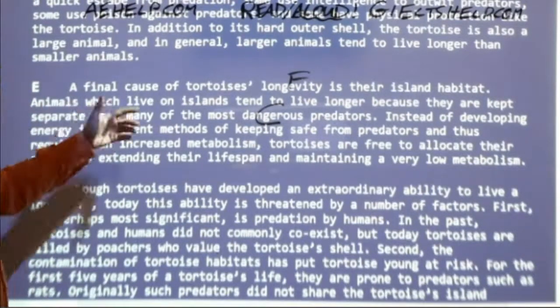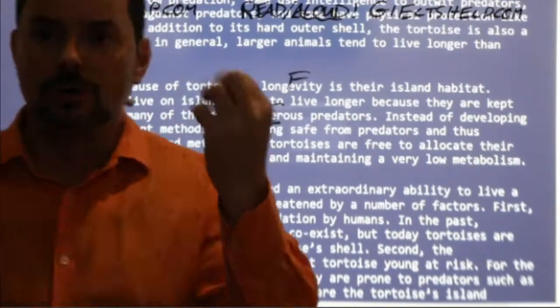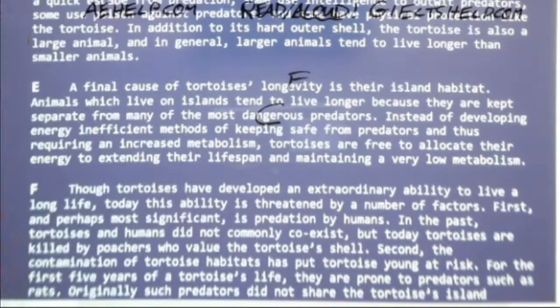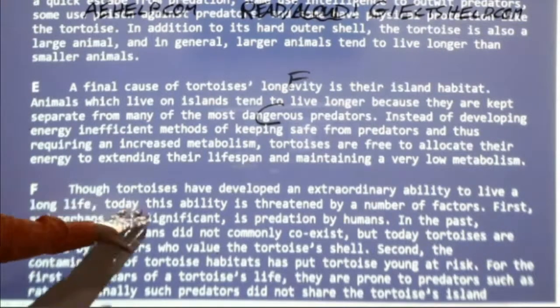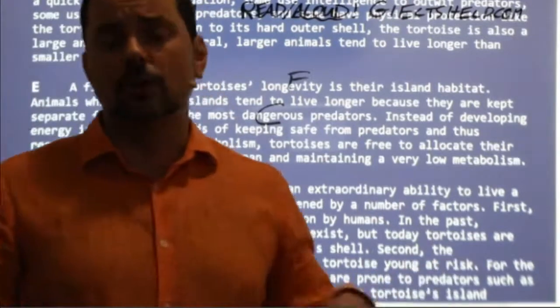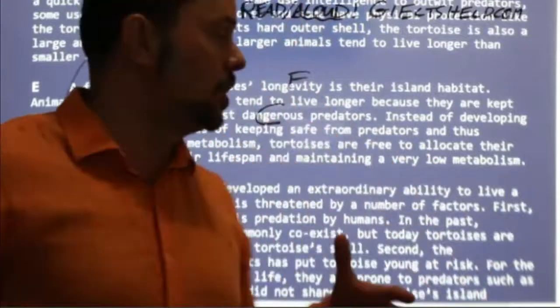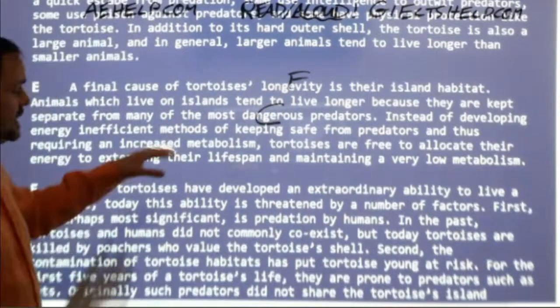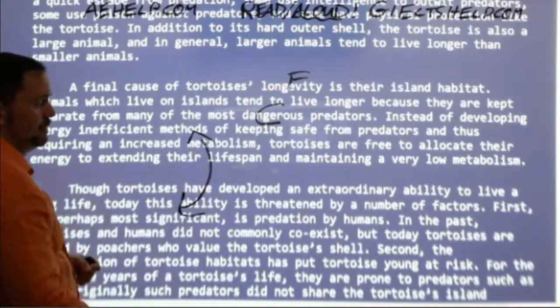Okay. Now, another logic to hold on to here, to incorporate, is, remember, paragraph F says, well, humans and rats are attacking these tortoises on the islands, right? So it makes sense that it's E, because E is actually a contrast to F, okay?